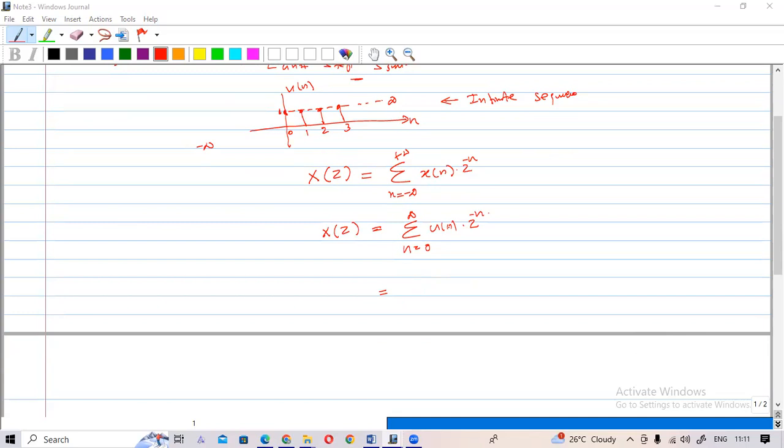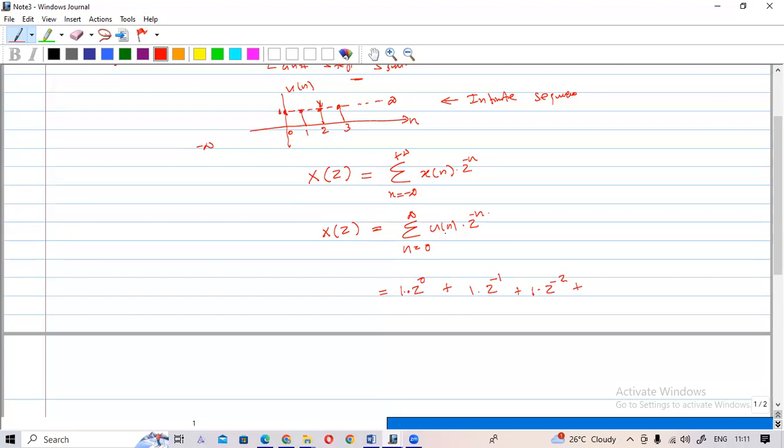So u[0] is 1, at n equals 0, okay? Plus u[1], that is 1 again, at n equals 1, z^(-1). Plus again u[2], when n is equal to 2, that is also 1, so it is 1 at z^(-2).